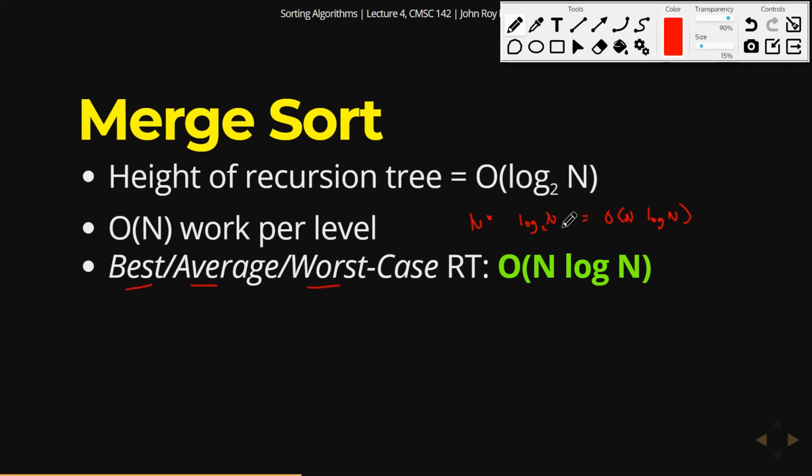It doesn't matter if it's already sorted, reverse sorted, random order. The running time stays the same because the process remains the same anyway. So even if it's already sorted, like 1, 2, 3, 4, we don't know that it's already sorted, so we'll still divide it the same way as we did, right?